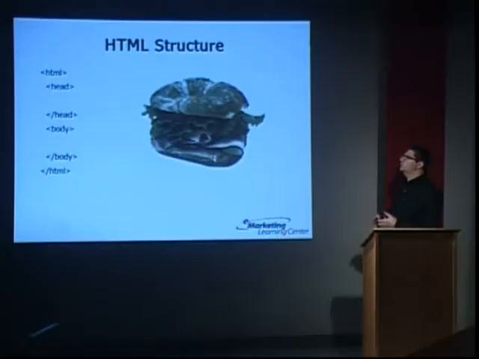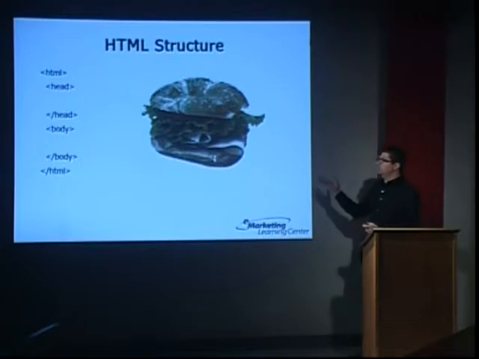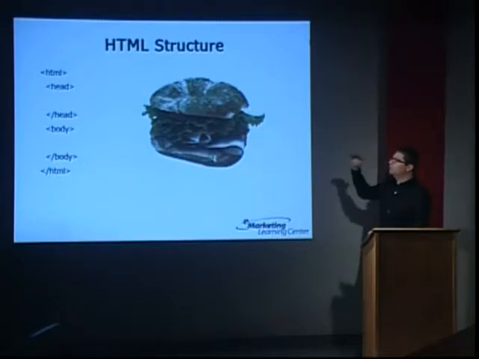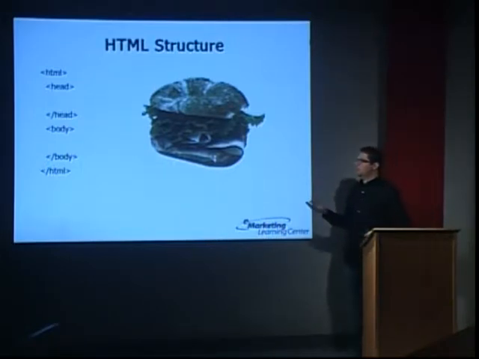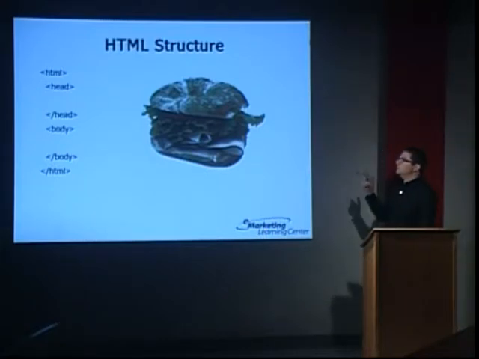So the HTML structure, going back to the sandwich idea: you always start an HTML document with the Doctype. Right underneath that, you have the HTML tag. At the very bottom, you close that document with the close HTML tag. In between there, you have two separate sections, the head and the body. I kind of refer to this as the sandwich effect.